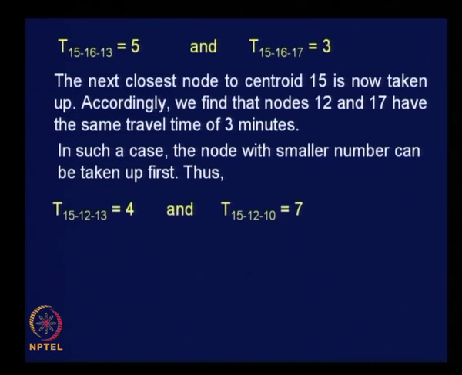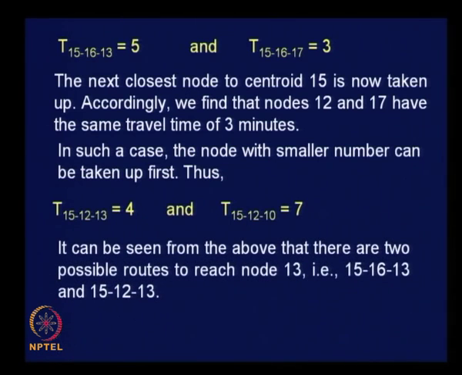So we find out the cumulative travel time from 15 to 12 and then to 13. 12 is connected to 13 and it is 4 minutes, and T 15, 12, 10, because 12 is also connected to 10, and we have 7 minutes as the cumulative travel time.